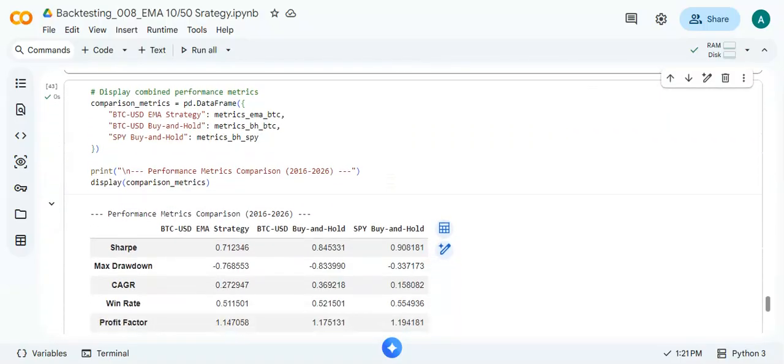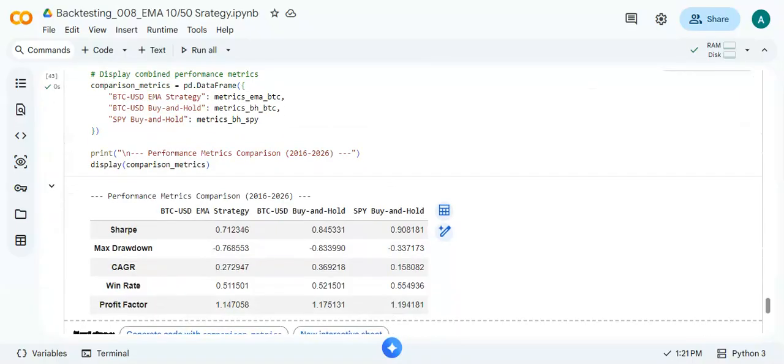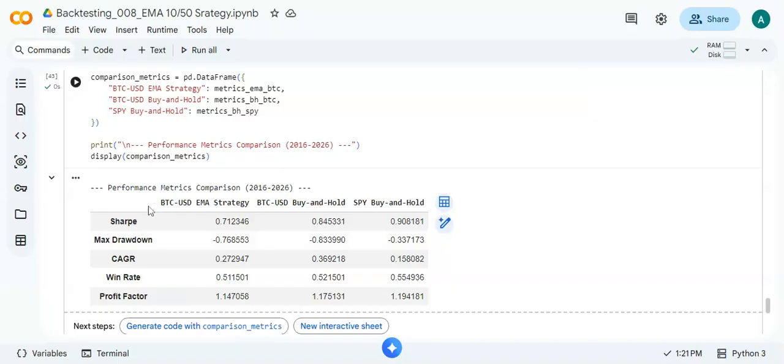So here, I guess this is the most important part of the code. What we have here is the performance metric comparison for 2016 till 2026. And here, all the 5 metrics with 3 strategies. So just to remind, as you mentioned, you don't need to worry to remember all the numbers.